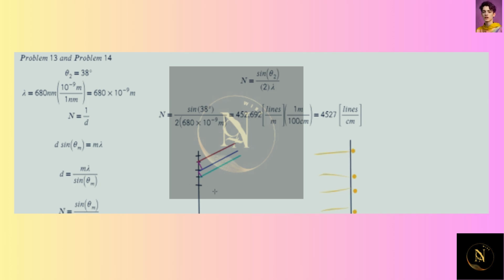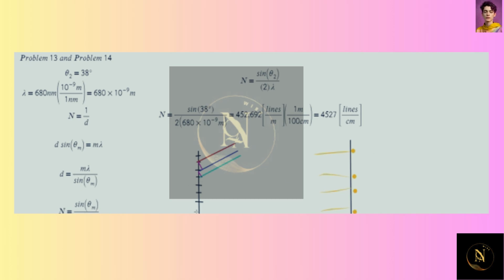So you can imagine a lot of slits here. Notice that we have 4,527 lines per centimeter. So that's a lot of lines. If we eliminate half of them, so half of the grating breaks off, we still have more than enough lines for constructive interference to occur.